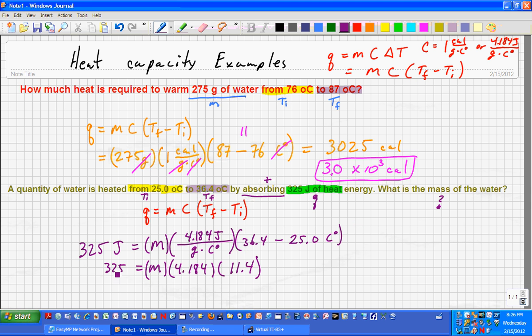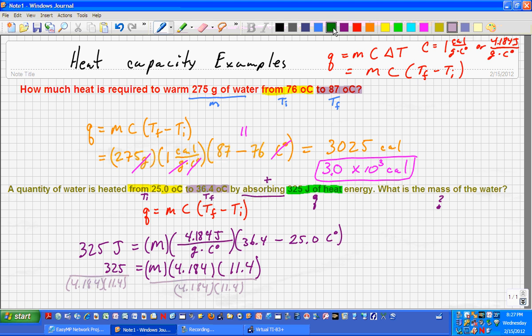At this point, I need to solve for M, so I'm going to divide both sides by 4.184 and 11.4.